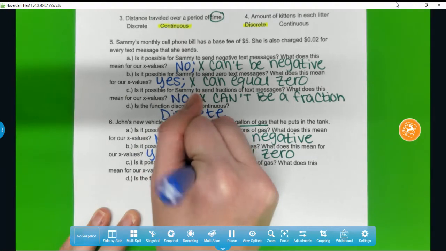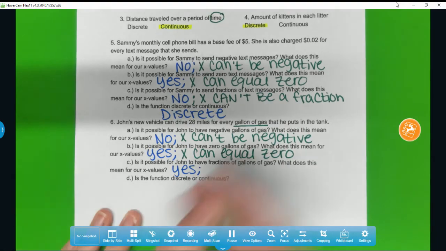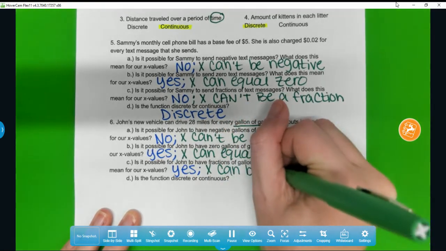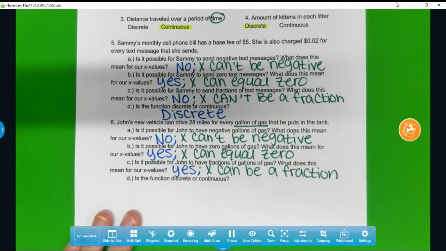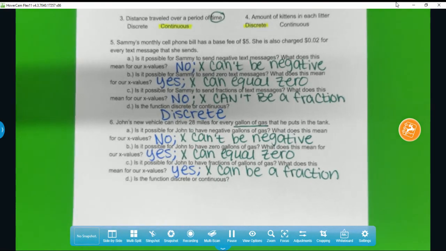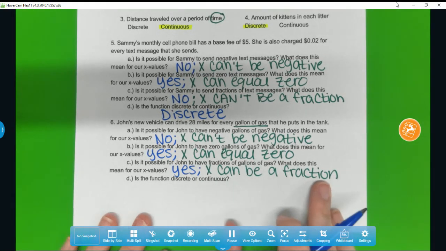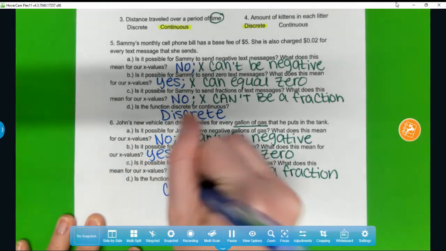Yes, it is, because when you fill up at the gas station, you can have a half gallon. What does this mean for our x values? It means that x can be a fraction. So, is this function discrete or is it continuous? Since we can have fractions, it is going to be continuous.